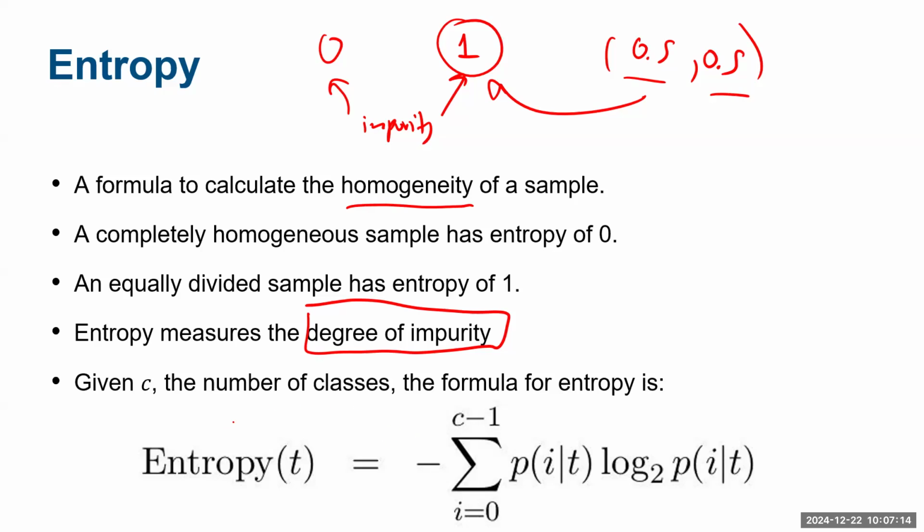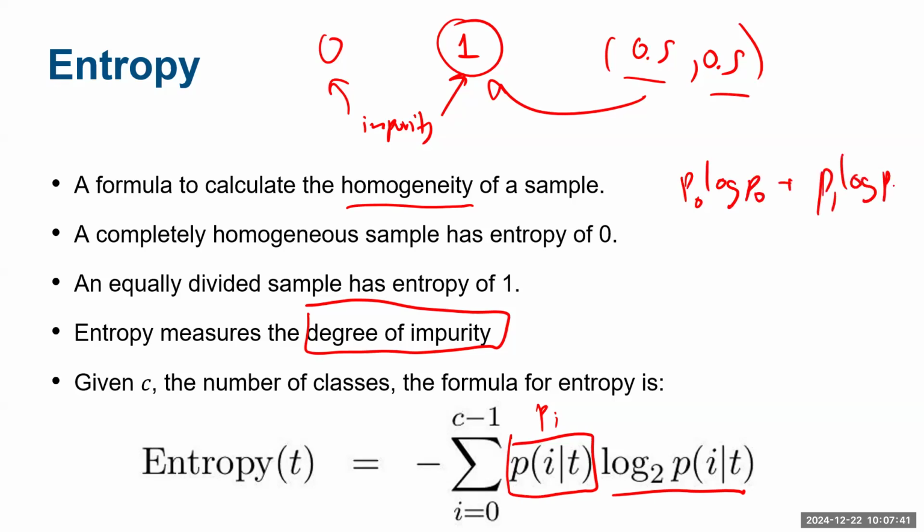The equation for entropy is the probability, basically the fraction, pi, times the log of the fraction, and then you sum over each of the classes. For example, with two classes, you have p0 log p0 plus p1 log p1.